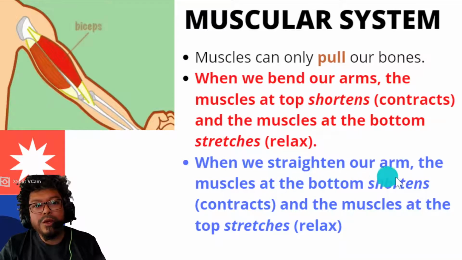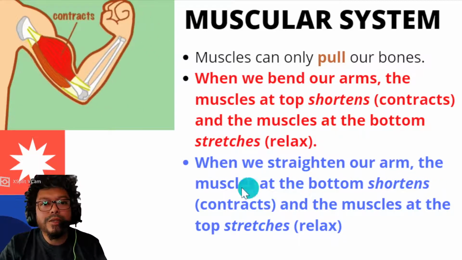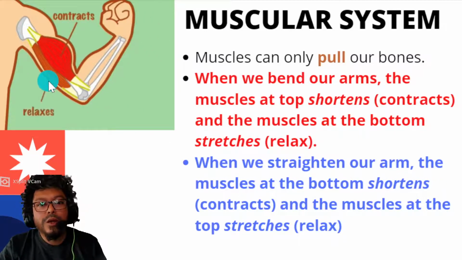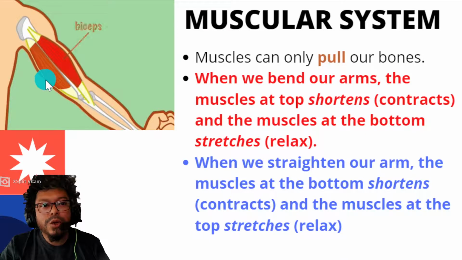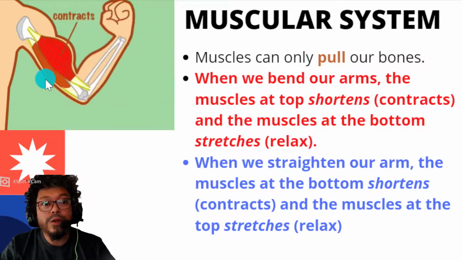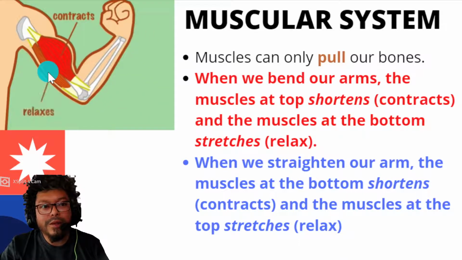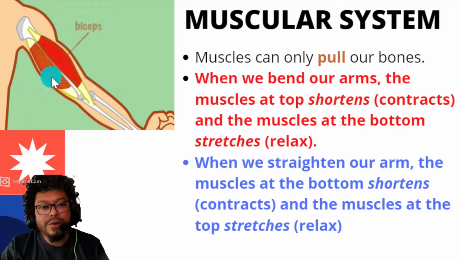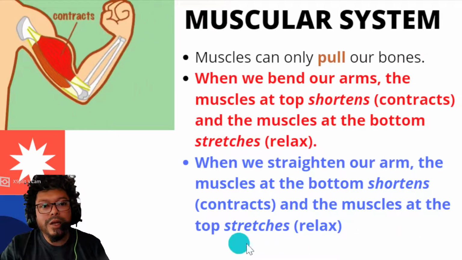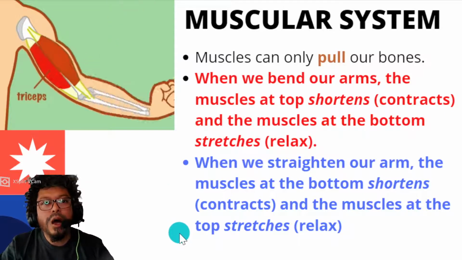When we straighten our arm, the muscle at the bottom shortens or contracts. You can use both words. Now it contracts, and the muscle at the top stretches or relaxes. So it works both ways.